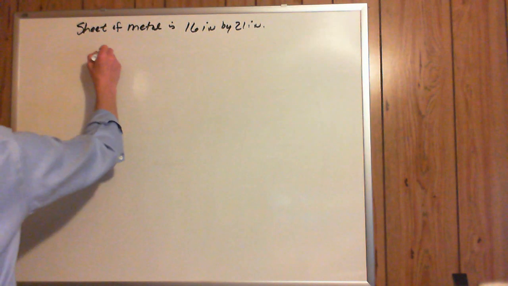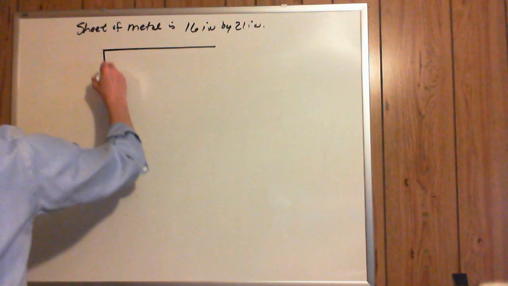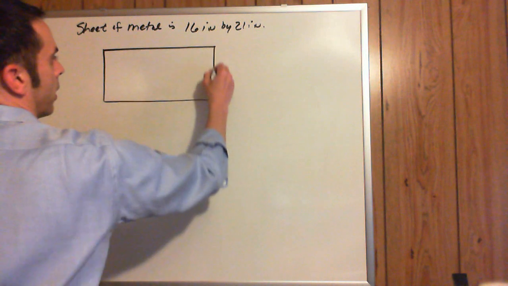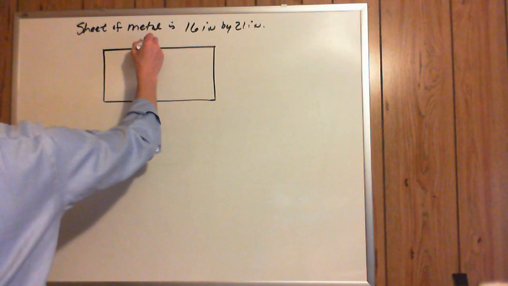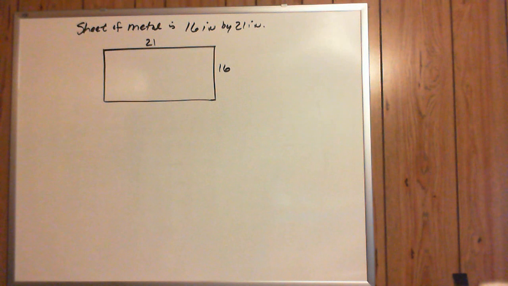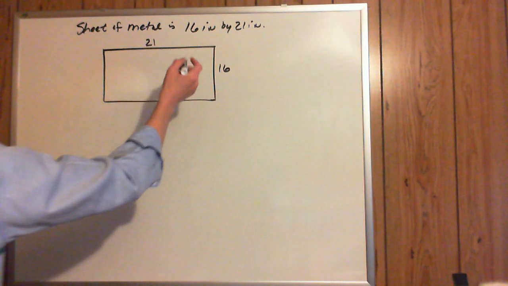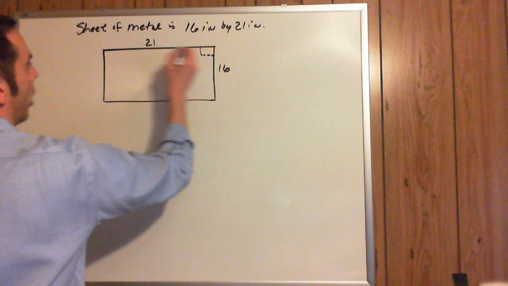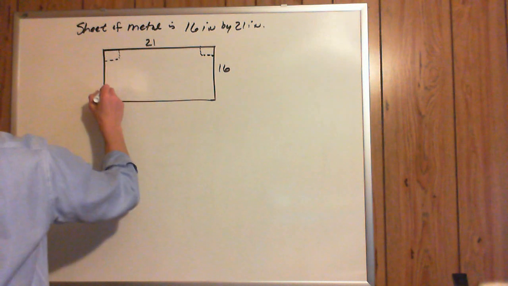And what we want to do is to take this piece, 21 by 16, we want to form a rectangular box out of this piece of metal or cardboard. And the box will be formed by cutting up the ends somewhere and folding them up.